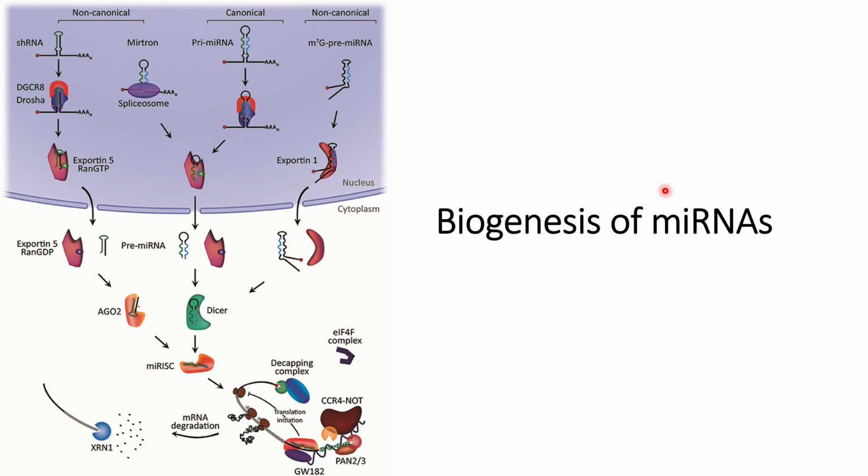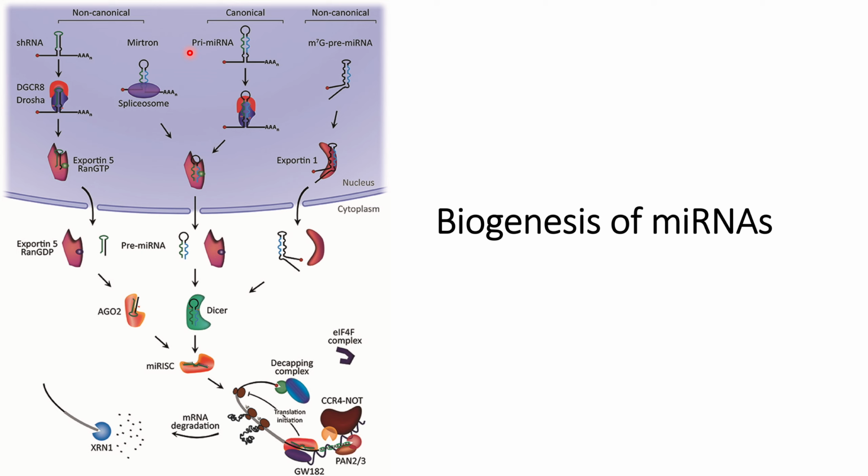However, there are some microRNAs that are intergenic. The previous one is intragenic microRNAs, and this next one is intergenic microRNAs, where the microRNAs are formed independent of the host gene that they are finally going to target. So let us start with the canonical pathway.